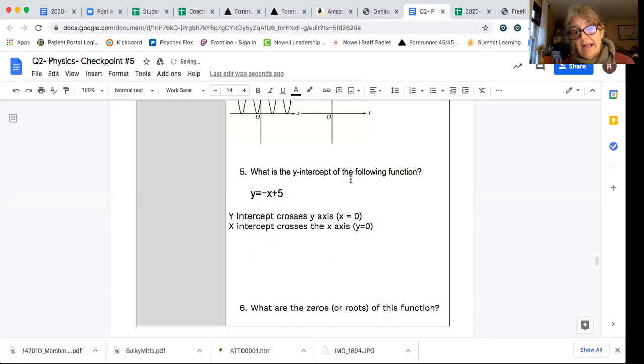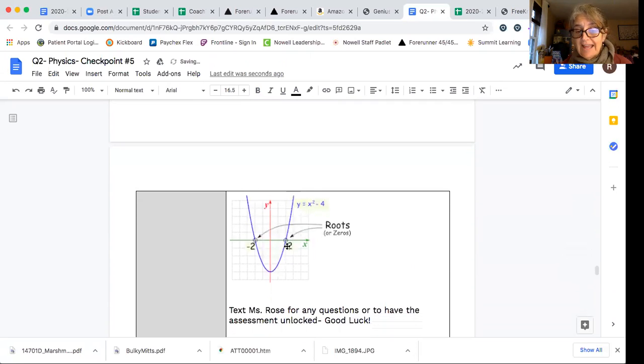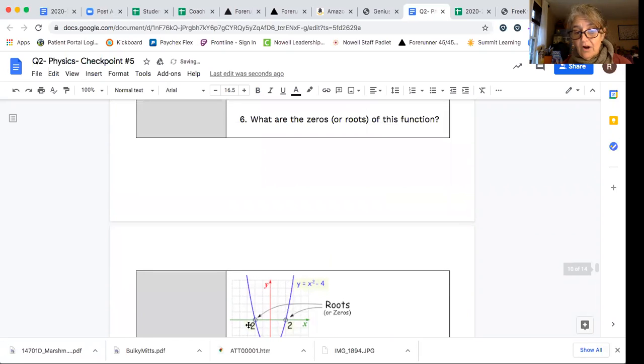So our y-intercept here is (0, 5). Okay? And the zeros are another way to say x-intercept or roots, and we see here where they are. This is crossing the x-axis where y equals 0.